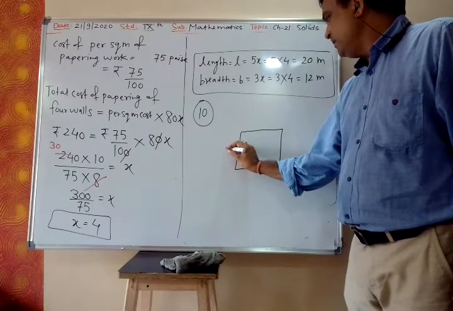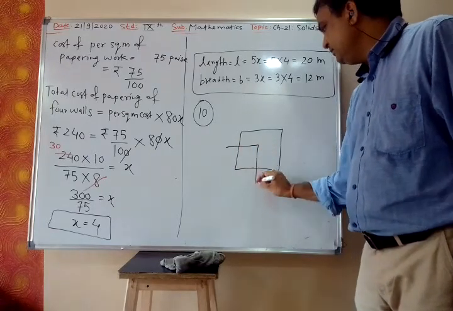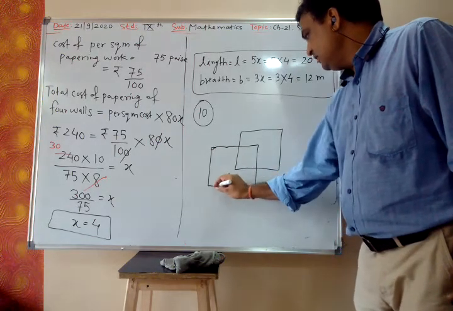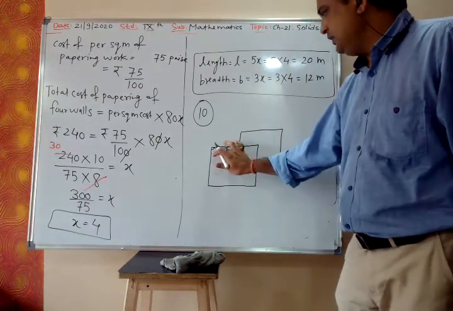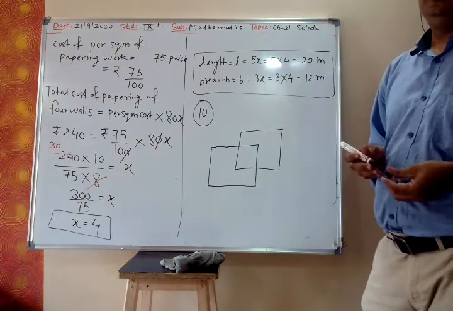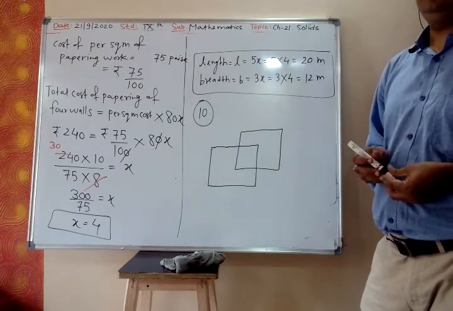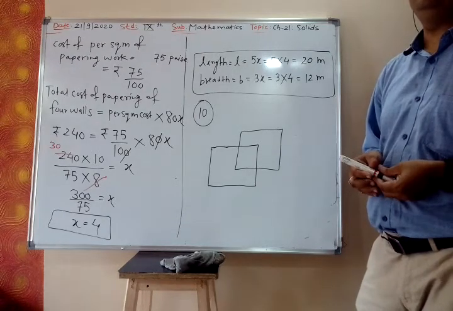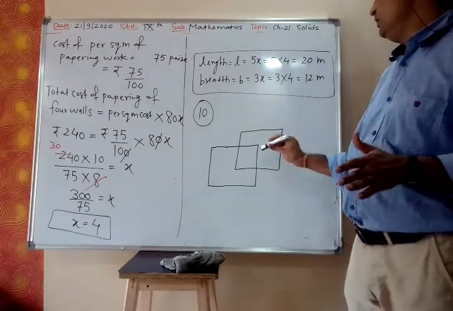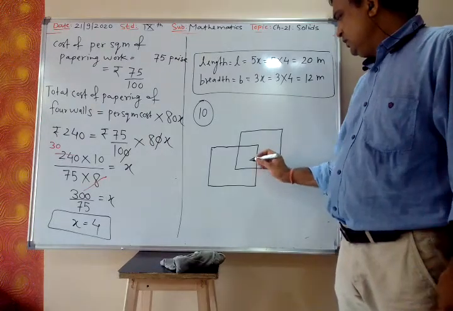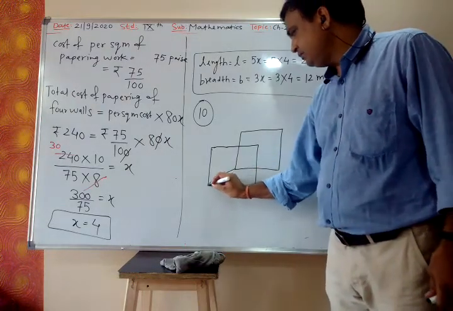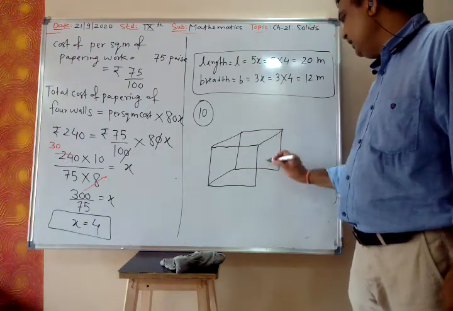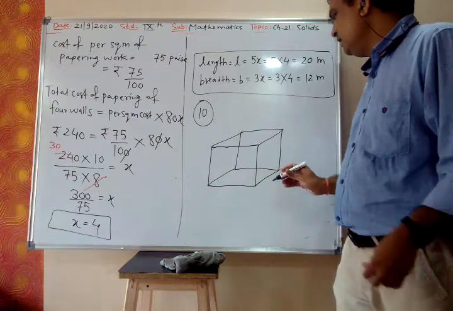So let us take another square. We don't know what x is. If x and height are all equal, then it will become a cube. If x and height are different, it will become a cuboid. We don't know. Now let us join them and see. The square plate is given.